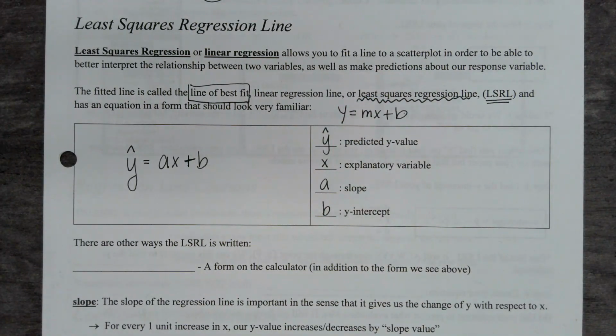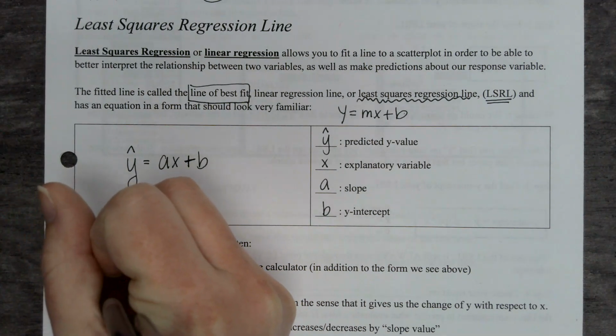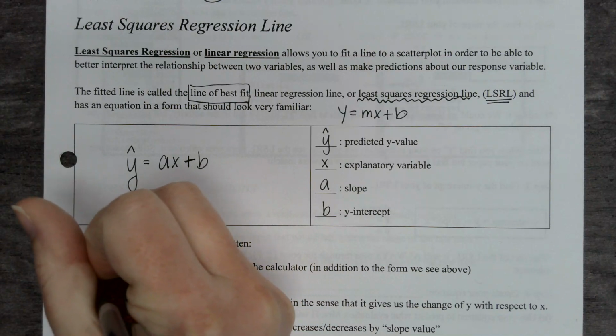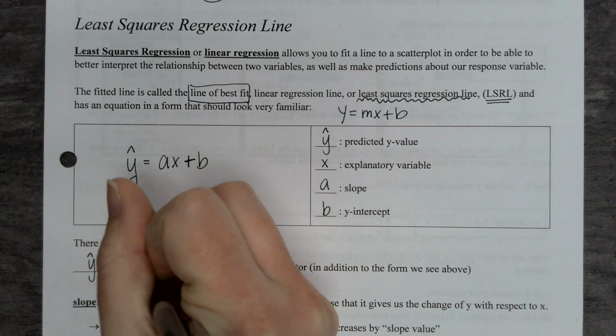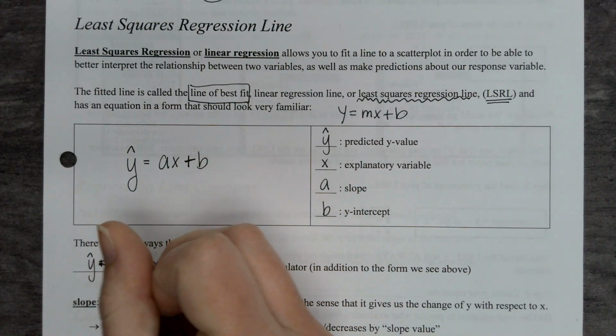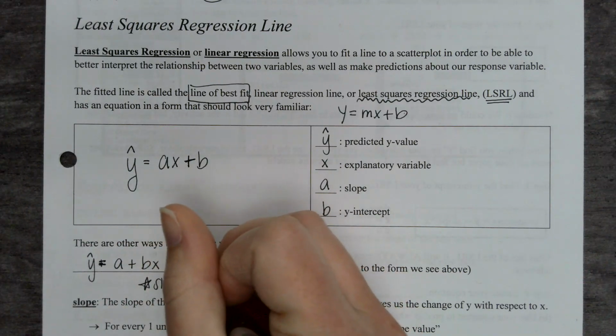Now, there is another way in the calculator, another form in the calculator that you can use. It is y hat equals a plus bx instead, where we're just switching around these values. Here in this case, just know that your slope should always be in front of your x. So it's always the coefficient in front of the x.